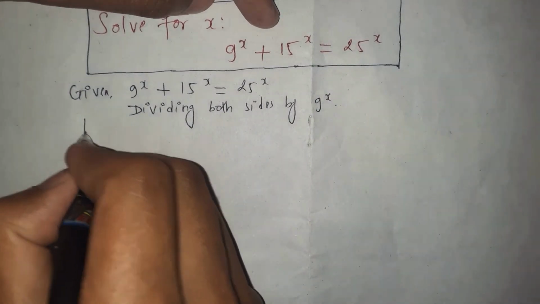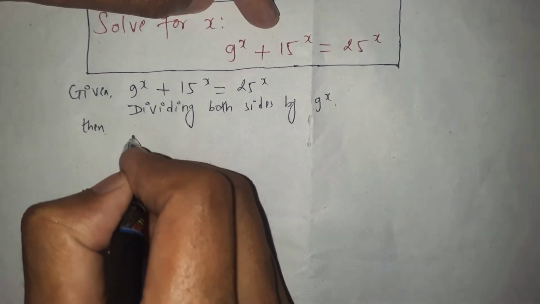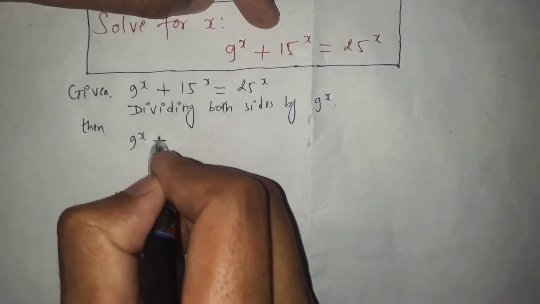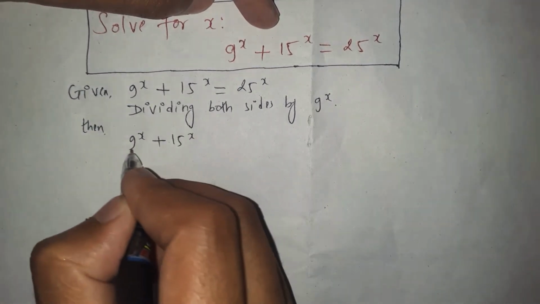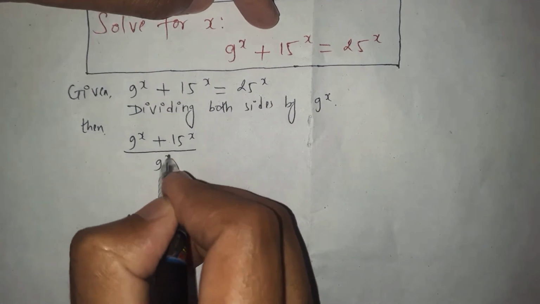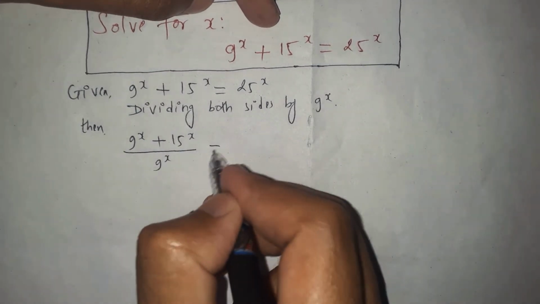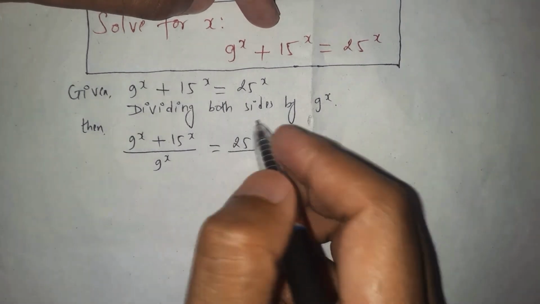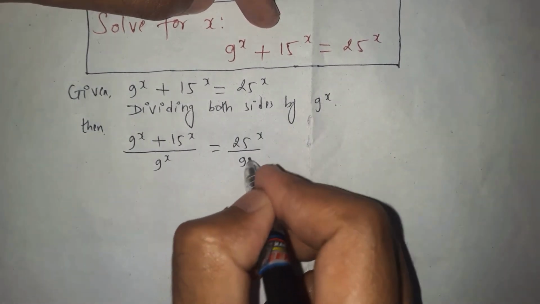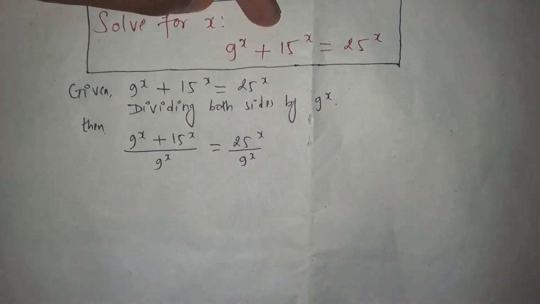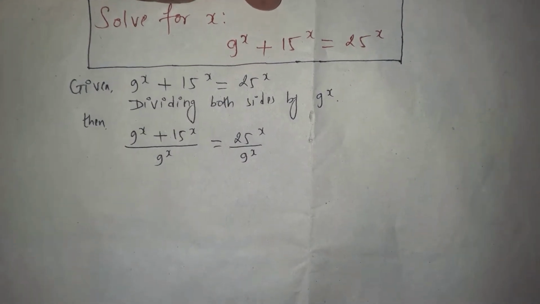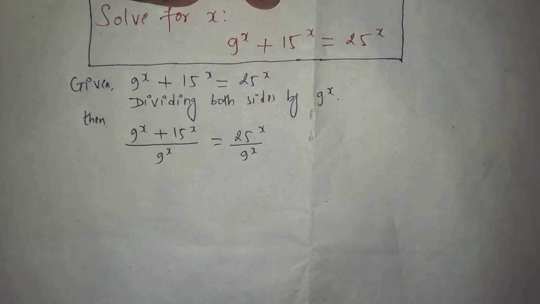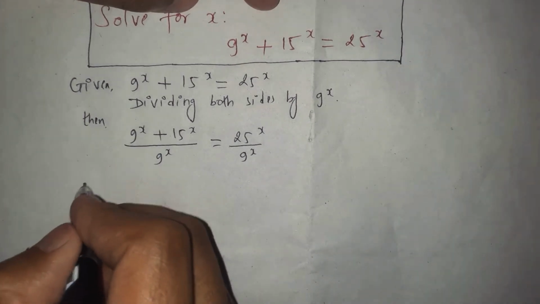Then our equation will become 9 raised to the power x plus 15 raised to the power x, divided by 9 raised to the power x, and the right hand side is 25 raised to the power x, also divided by 9 raised to the power x. In this step we just divide the left hand side and the right hand side by 9 raised to the power x.